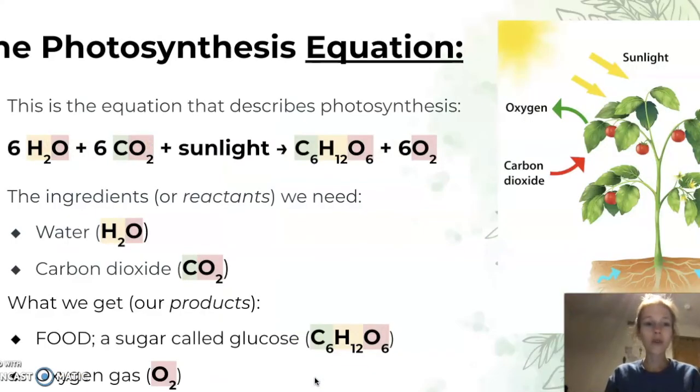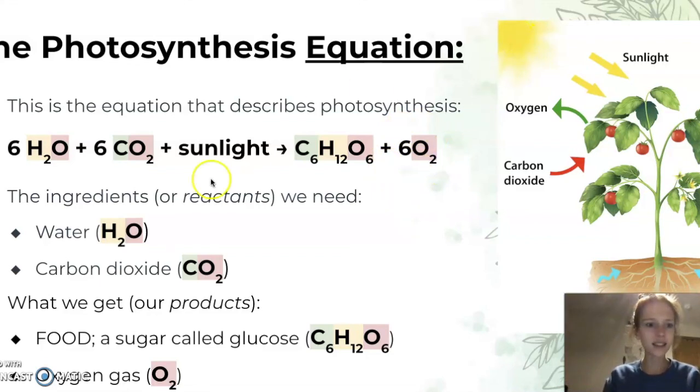Now, photosynthesis as a process can be represented with this equation. And I'm showing the whole equation to you here, where we take 6 water molecules, 6 carbon dioxide molecules, and we use some energy from sunlight to turn those things into glucose molecules, C6H12O6, and oxygen molecules. That whole process is shown here.